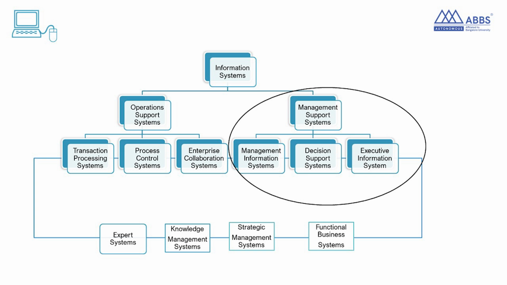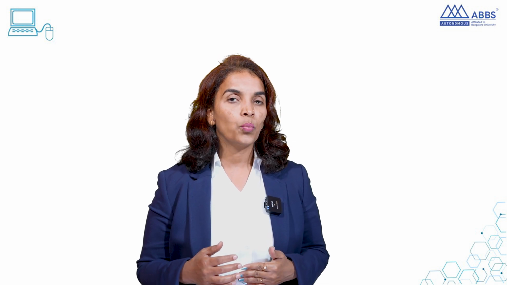Apart from this, we might also have strategic information systems, knowledge management systems, or other types of systems. But to be specific, managers at various levels use any of these information systems.